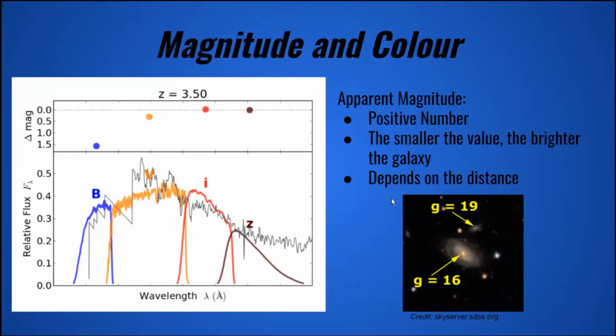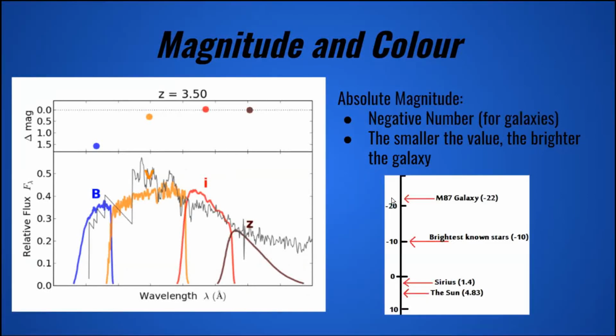So it's not a very scientific measure. But we've got the absolute magnitude, which for galaxies is always negative. Again, the smaller it is, the brighter the galaxy. So for example, a galaxy is -20 or more, or less. The brightest known star is -10, and our sun is around 5.